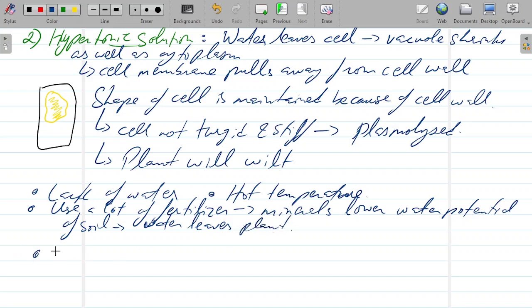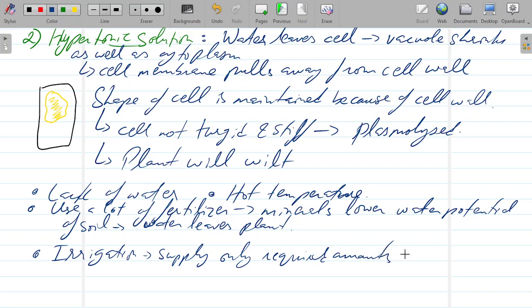And then in some cases, in irrigation, what the farmers do is supply only required amounts of water. So what happens is, if the plant is receiving only as much water as it requires, it will take all of that, but this will end up concentrating the solutes of the soil.